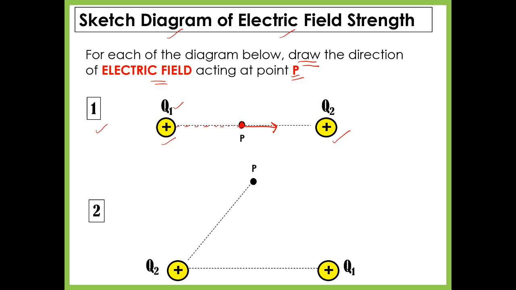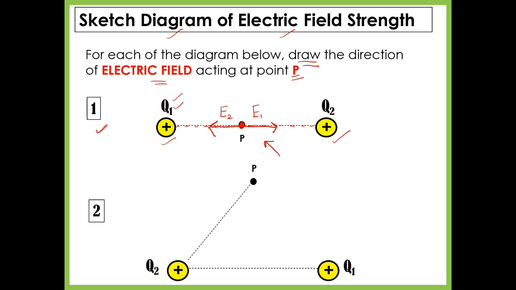We label it as E1 because it is from charge number 1. For charge number 2, again the direction is outward because it is positive. So the direction of electric field produced by charge number 2 is to the left at point P. This is how we sketch the electric field strength for case number 1.